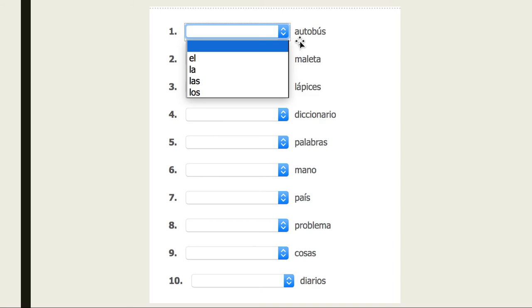So in this case, autobús means bus. It's only one autobús, and it's masculine, so it would be el. Another example, palabras. Palabra is a feminine noun, and the s at the end indicates that it's plural, so it would be las palabras.